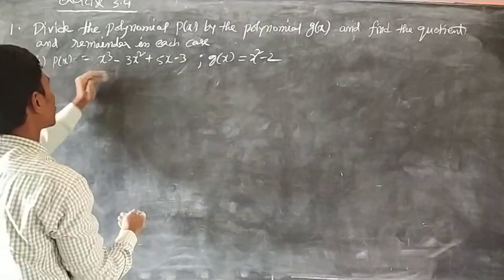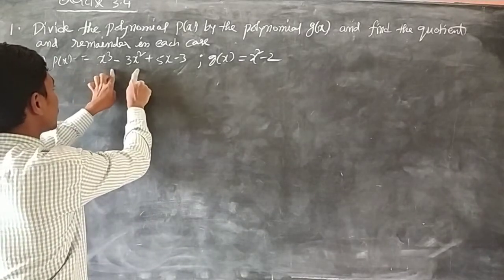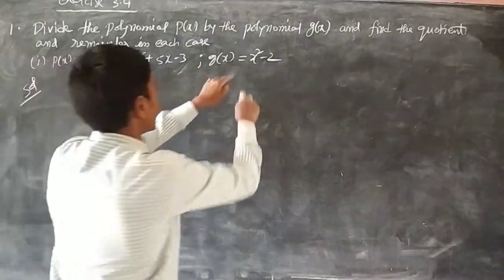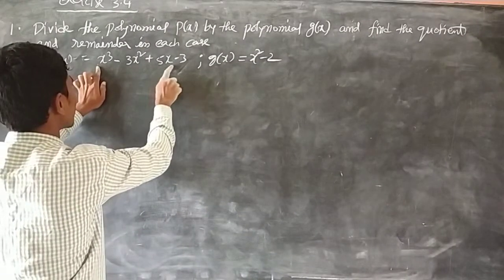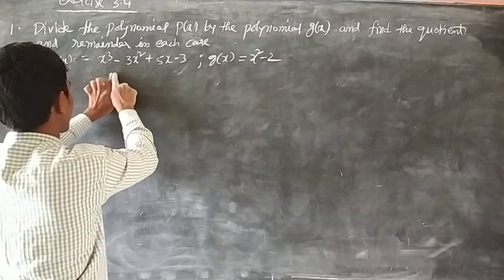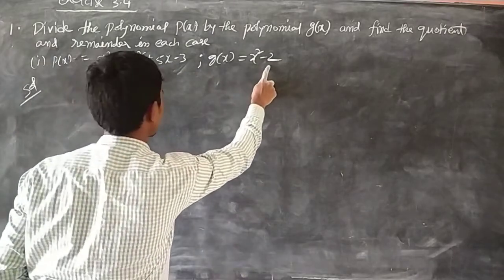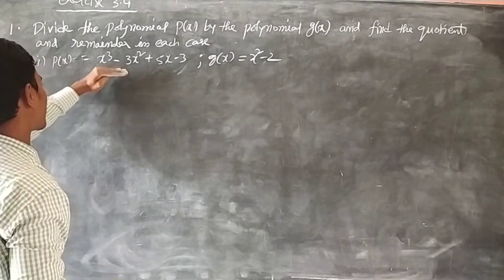Standard form means all the terms in a polynomial are arranged in descending order of degree. In g of x also, all the given terms are arranged in descending order of the degree. So there is no need to arrange these terms, we can take this as it is.